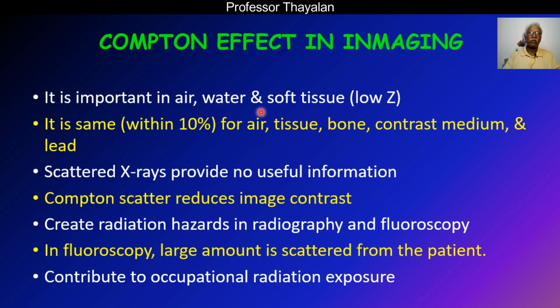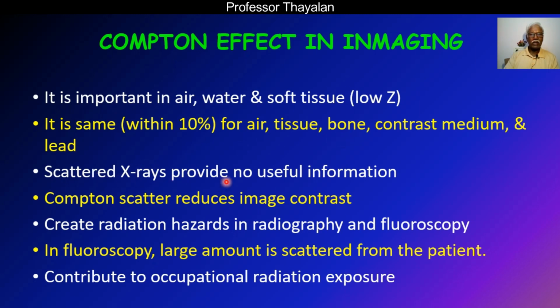What is the role of Compton effect in imaging? Compton effect is very important in air, water, soft tissue which are low Z materials. It is almost the same for air, tissue, bone, contrast media and lead. The variation is only around 10%. The reason is they have the same number of electrons per gram in all the materials.